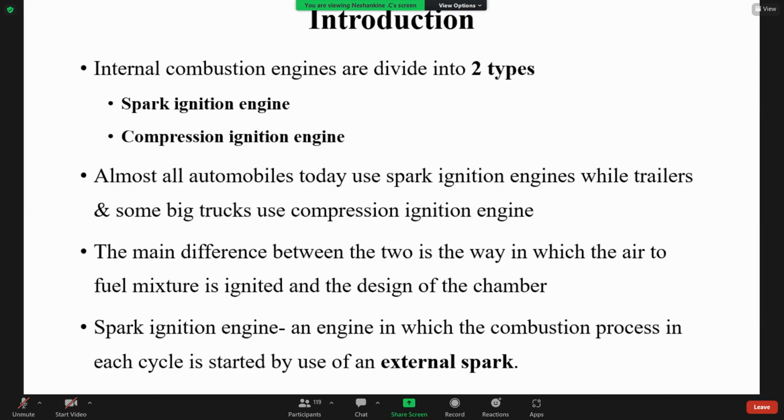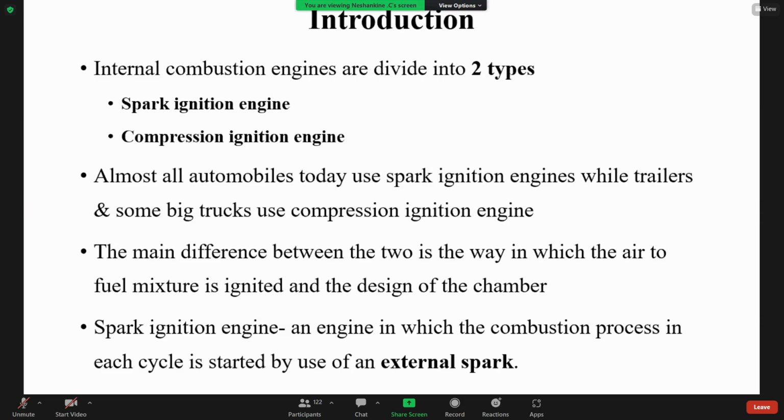Where do we use the spark ignition engine? Petrol engine. Yes, the spark ignition engine is used in the petrol engine. Compression ignition engine? Diesel engine. Yes.